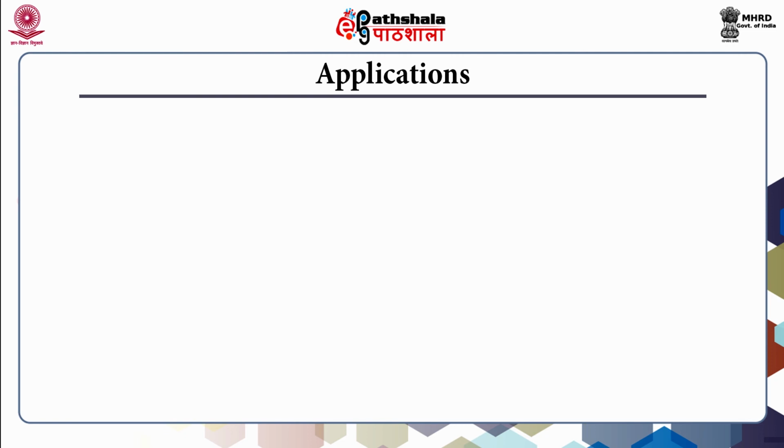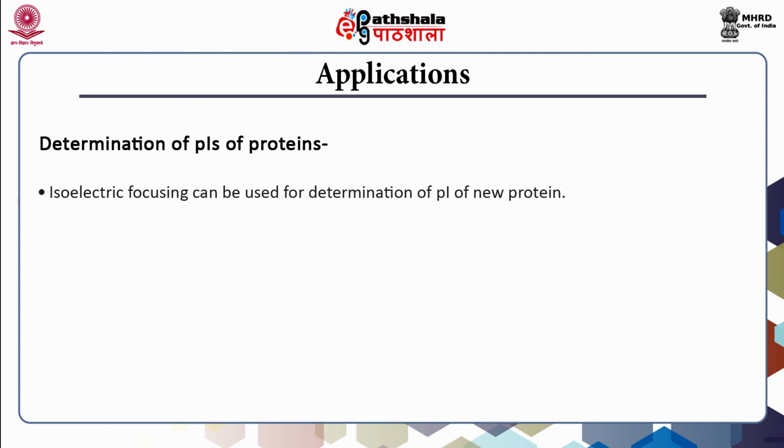Another application of isoelectric focusing is in determination of isoelectric points of proteins. Isoelectric focusing not only separates proteins based on their isoelectric point, the technique can also be used for determination of the isoelectric point of a new protein.